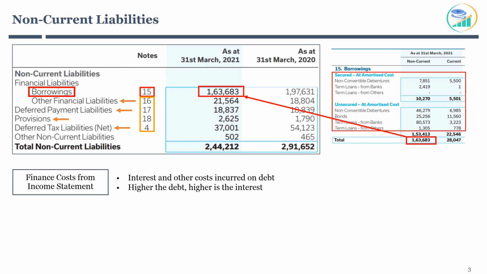It can also arise when a sale is done on credit and tax is not due until payment is received. The last line item is other non-current liabilities. Any other liabilities that are not classified under the previously discussed categories are classified as other non-current liabilities.